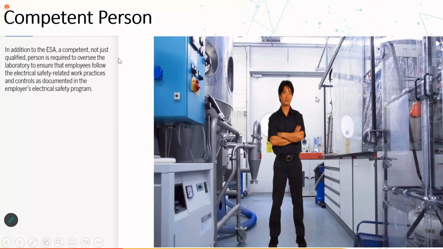What is the difference between the ESA and the competent person? ESA is the one who will be providing requirements or details: what needs to be done, what PPE needs to be selected, etc. The competent person will be there for assurance and governance that those things are being implemented.